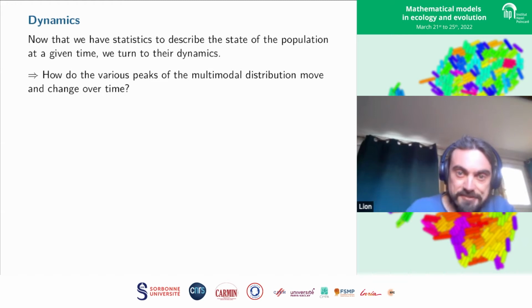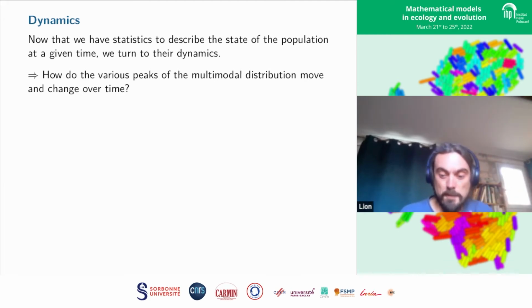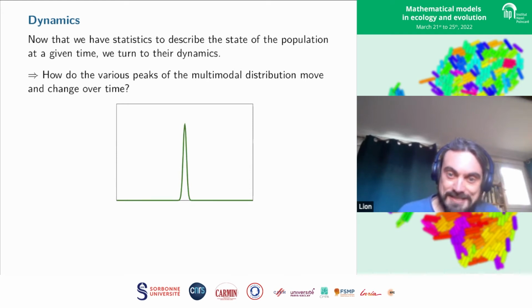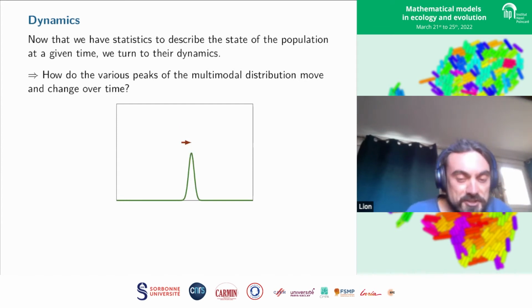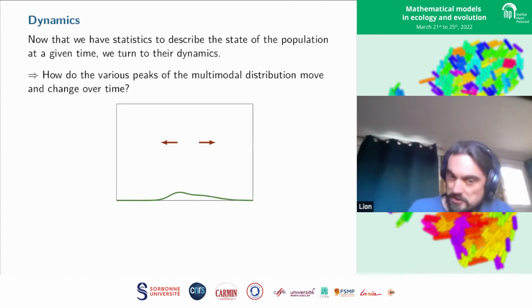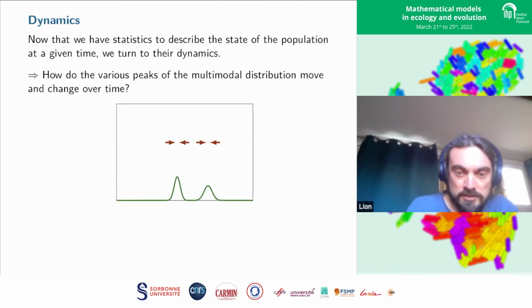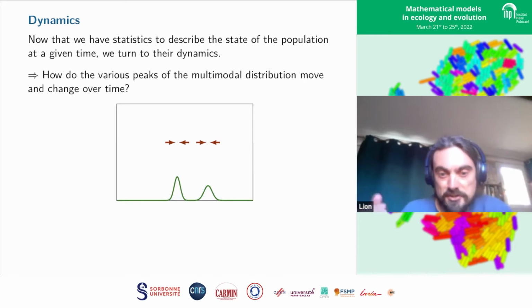So now we have some statistics to describe the state of the population at a given time, and now we want to understand the dynamics of this population. So we want to understand how the various peaks of the multimodal distribution will move and change over time. Maybe we start with a single peak distribution, and then there's directional selection that shifts the peak toward the right, and then maybe disruptive selection flattens the distribution, and we end up with two peaks, and then stabilizing selection maintains these two peaks in the distribution.